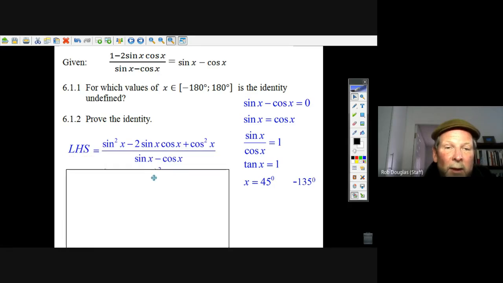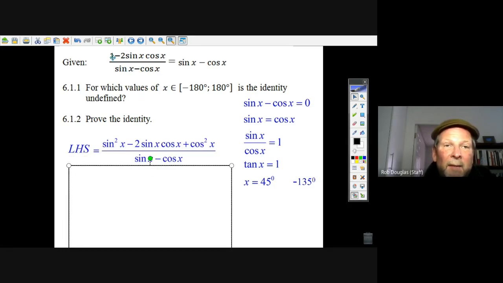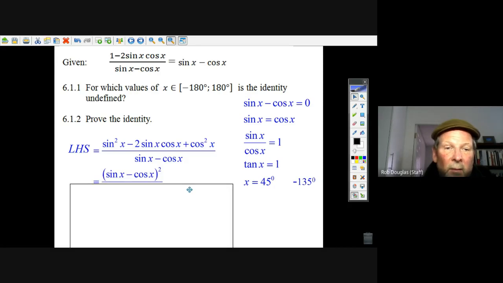Let's just look at the first part. Instead of 1, you can put sine squared plus cos squared. Now, the only way this could cancel and give you this is if it was sine x minus cos x times another sine x minus cos x, because one of them cancels. So that's what it must be.